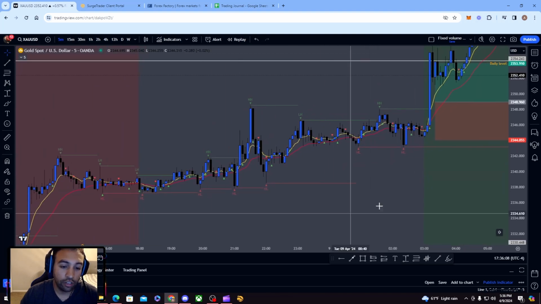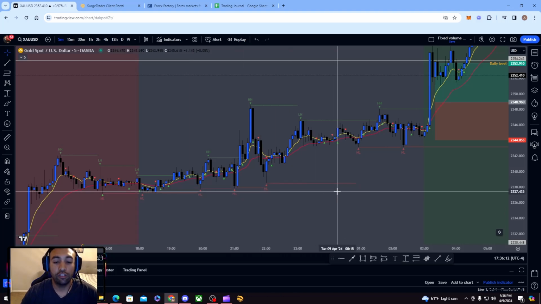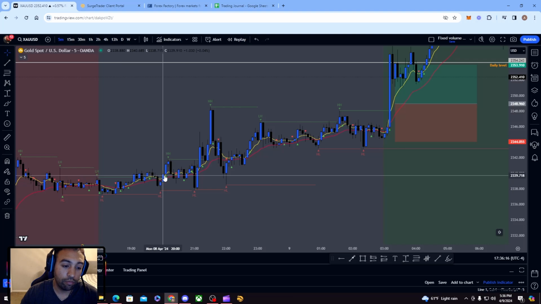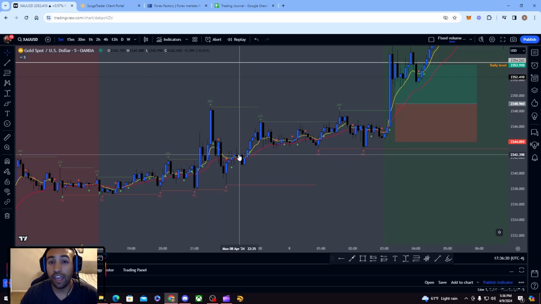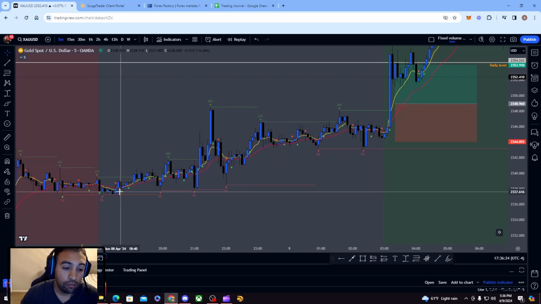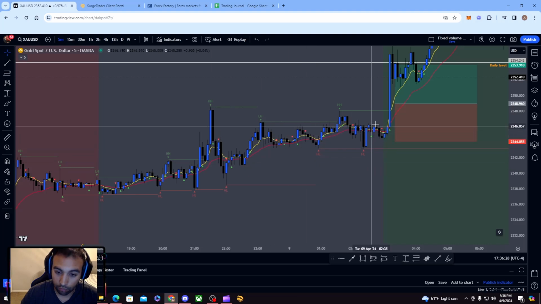Right in here, this gray area, that's Asian session. As we can see, price was staying above the yellow EMAs and the red EMAs. Yellow is 8, red is 21. So you can see price is still in a small uptrend going up, and the EMAs are in an uptrend.